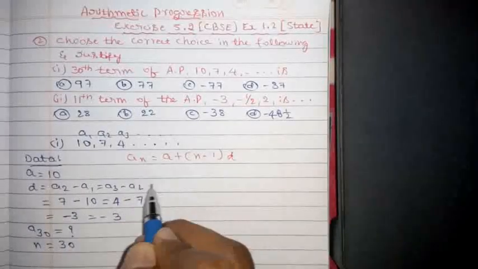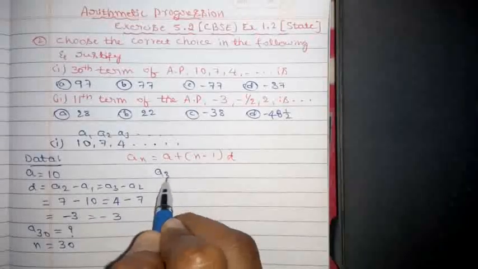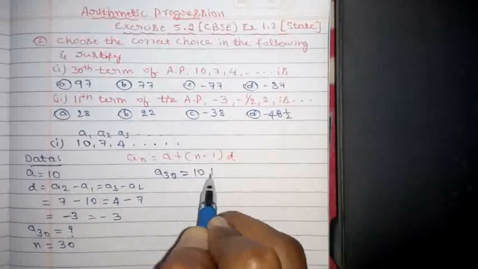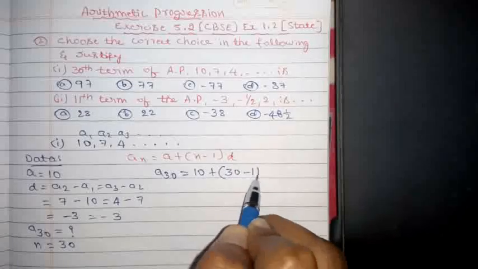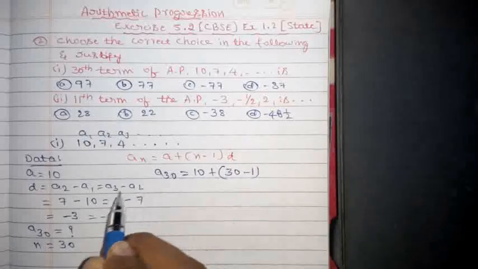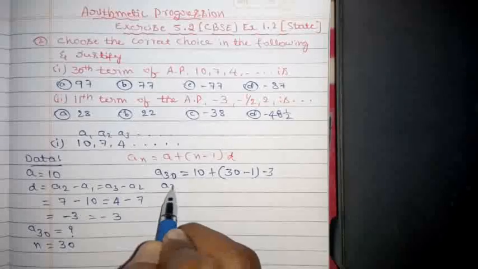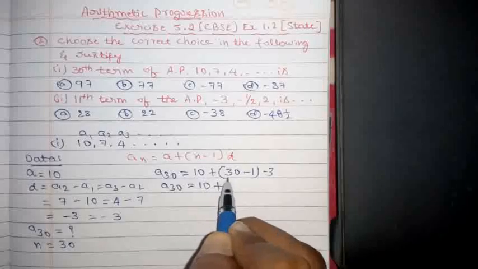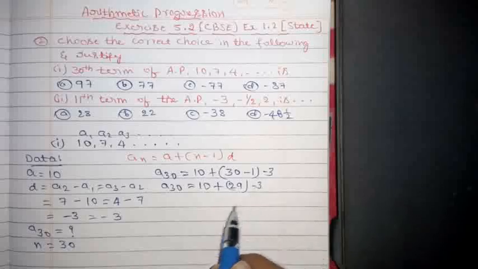Just apply the values. So the A30 term we are finding is equal to, A value is 10, plus N minus 1 into D, where N is 30, so 30 minus 1, into D. D is minus 3. Now simplify this: 10 plus 29 into minus 3.